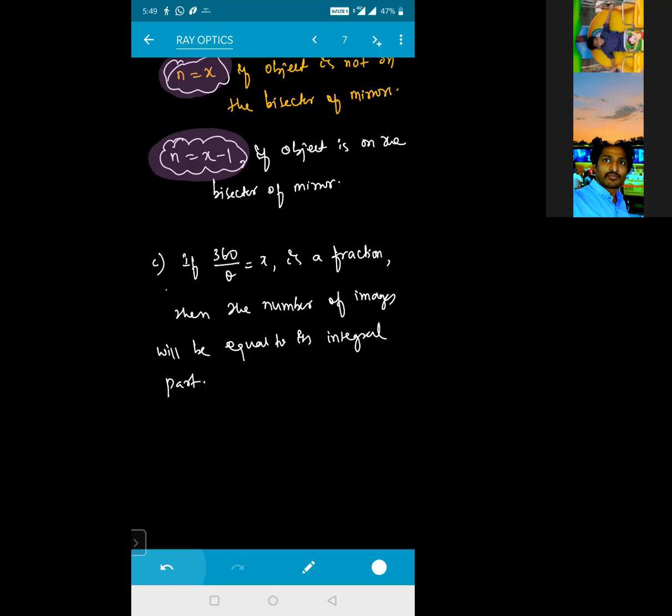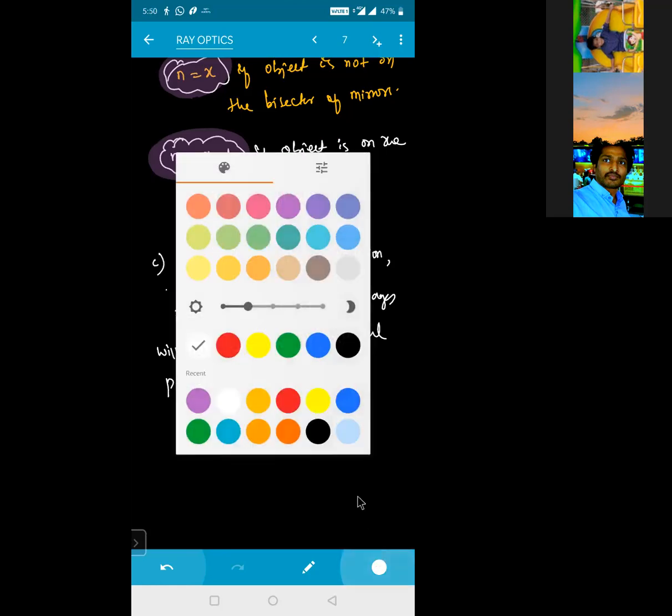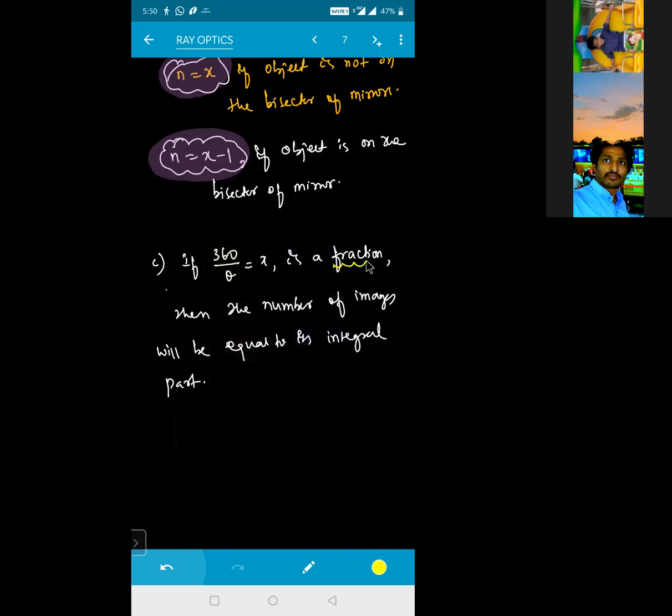What do you mean by that? If 360 by theta is x and x is a fraction, the number of images is equal to what? The integral part.